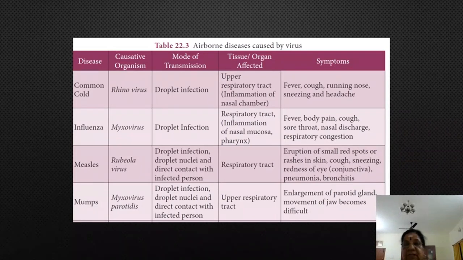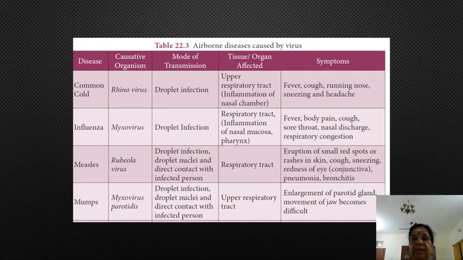Okay, so myxovirus, parotid. And mode of transmission, how they are spread: droplet infection for all of them. Then the tissue or organ affected in our body: common cold, respiratory tract; influenza, respiratory tract; measles, respiratory tract; mumps, respiratory.